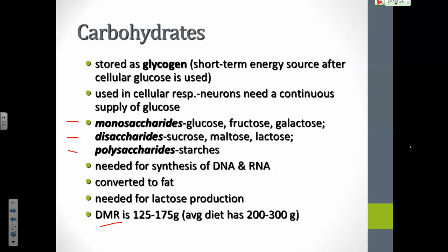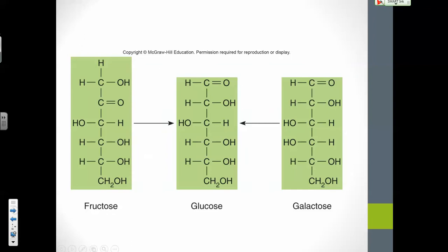If you look at the food label on a cracker box or any of the prepared food boxes or bags, you'll probably see a good bit of carbohydrates there. Our diets are loaded with carbohydrates. Here are your famous monosaccharides: glucose, fructose, galactose.